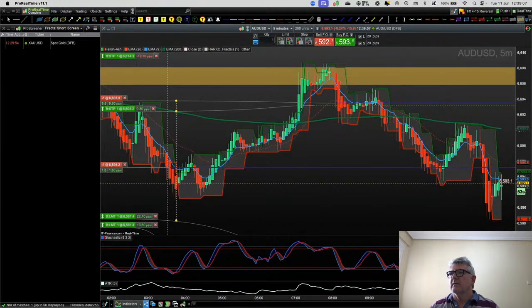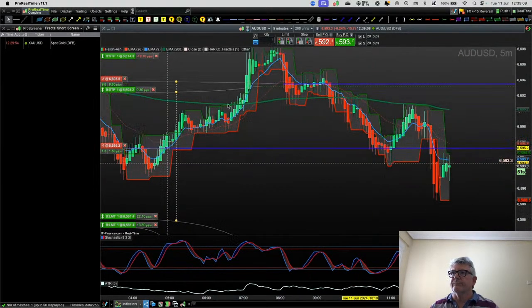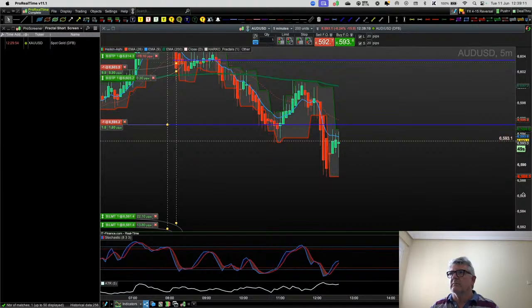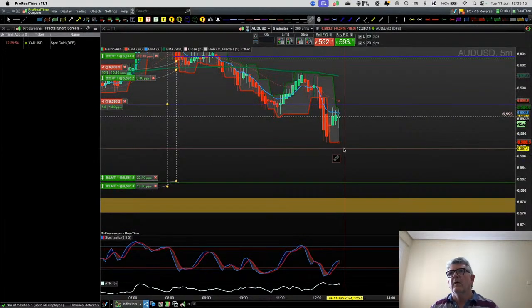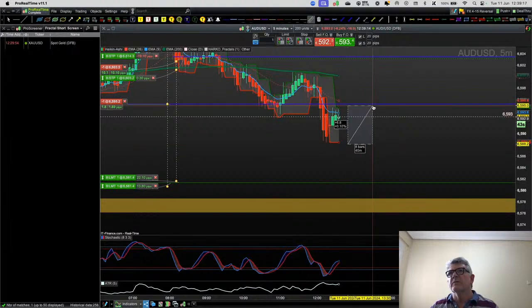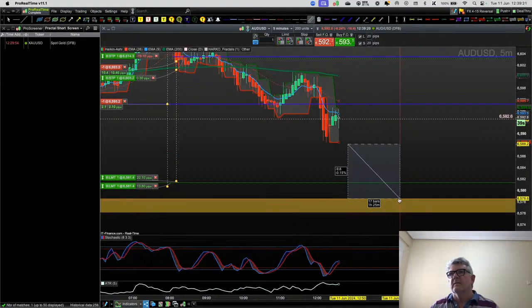Whoops, get that off. So now this opens up a wider fracker opportunity of 6, 7, 8. Yeah, you could get 1% out of that without a problem.